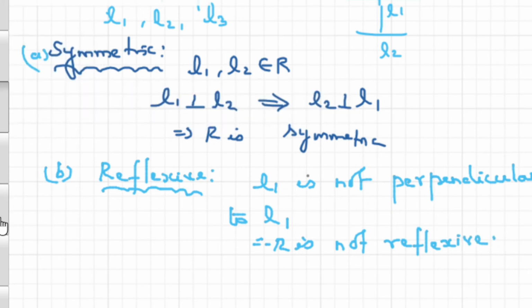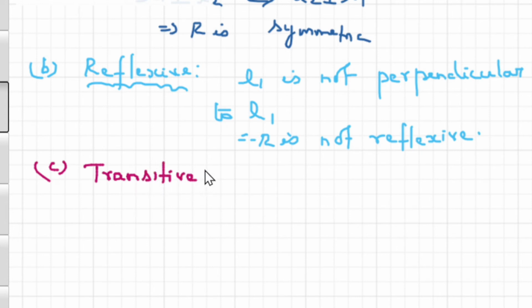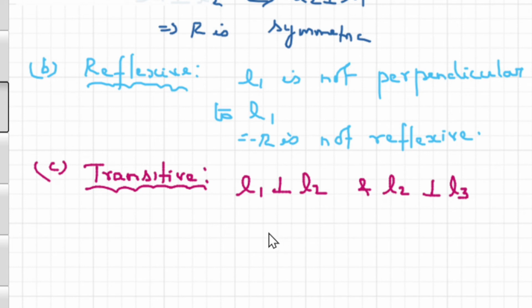Then we'll prove transitive. Here L1 is perpendicular to L2, and L2 is perpendicular to L3, but L1 is not perpendicular to L3.